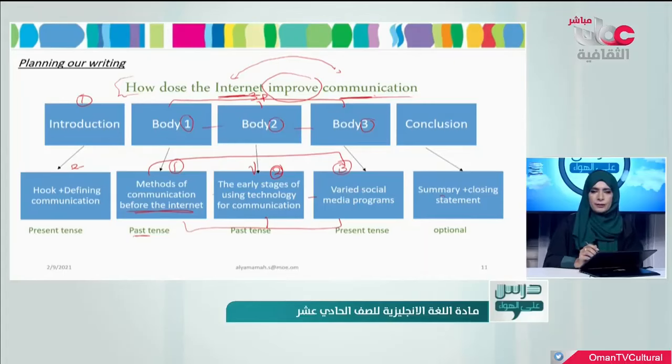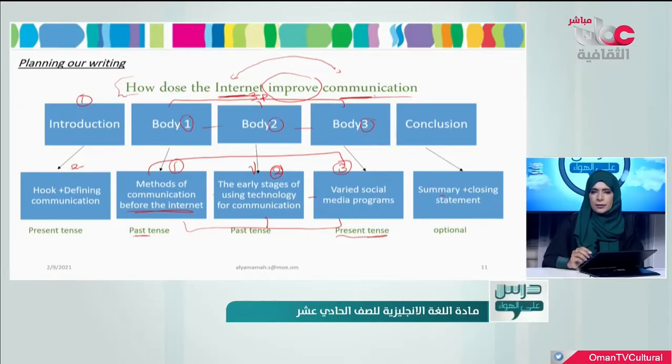We have so many different social programs which are still there, and we use them in our daily routine. Since we are talking about a current topic which is used nowadays, we will use the present tense to express these ideas.